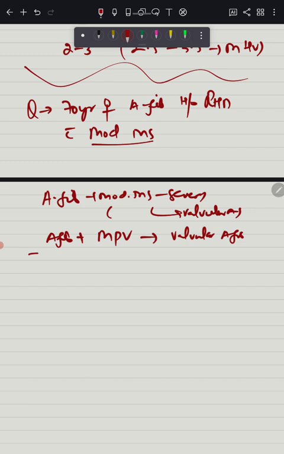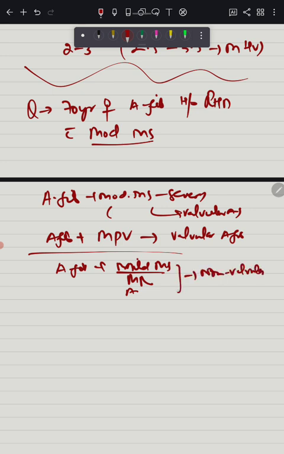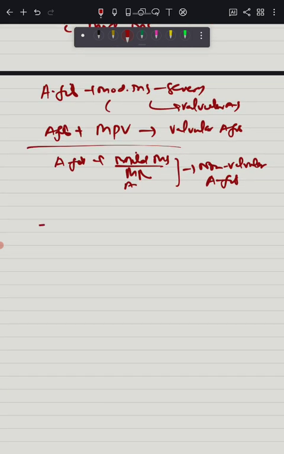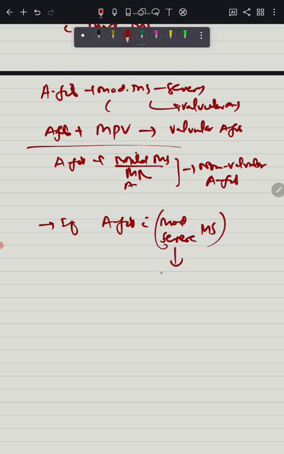Now if a patient has AFib with, for example, mild MS, similarly MR, AR, AS, whatever, this is all classified as non-valvular AF. Also note that if a patient has AF with moderate to severe mitral stenosis, even if it is not due to rheumatic heart disease, this is still classified as valvular AF.